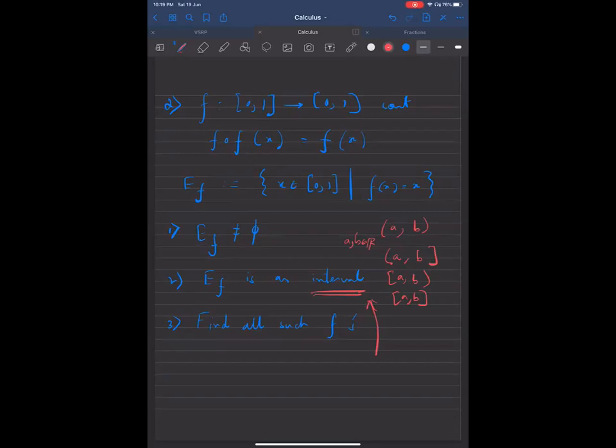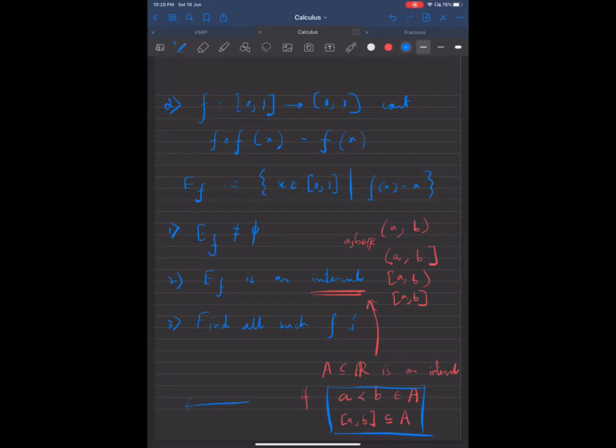A subset of R is an interval if this happens. What happens? We say it is called an interval if A less than B are in A, then all the points between A and B are a subset. This is what we basically want from an interval. To call a set an interval, we want this sort of thing.